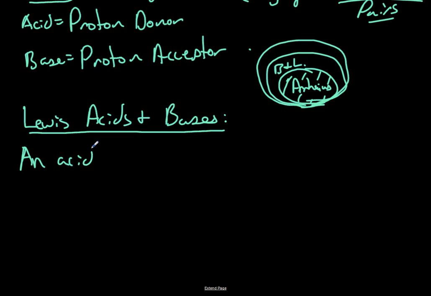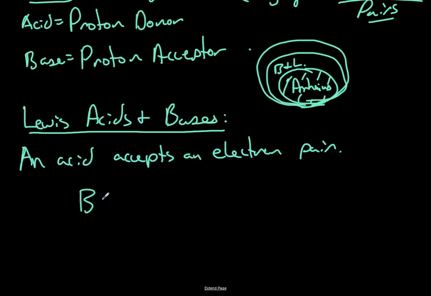An acid accepts an electron pair. So H plus is a good example. Let's say we have something with a free electron pair, and we have something that can accept it, in this case H plus. H plus will associate with this electron pair, so it's donating its electron pair over to hydrogen.